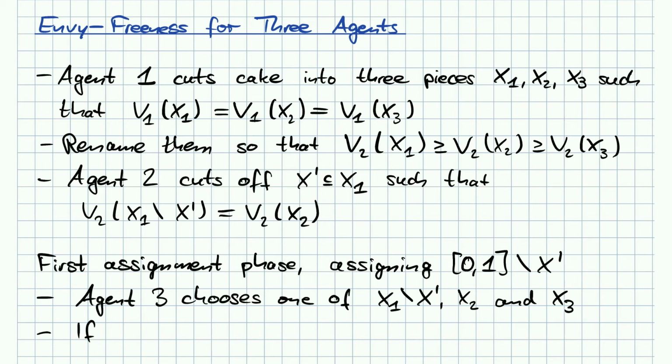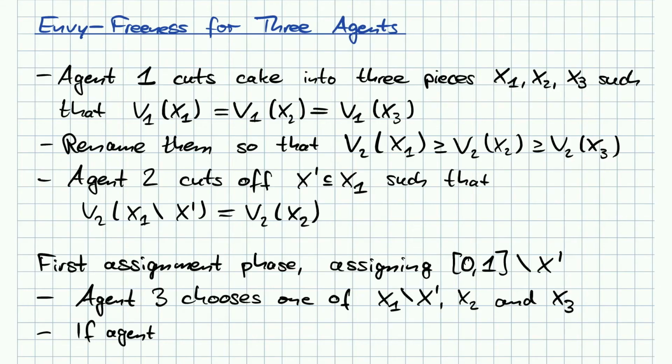And if agent 3 chose x2 or x3, then agent 2 gets x1 take away x prime.